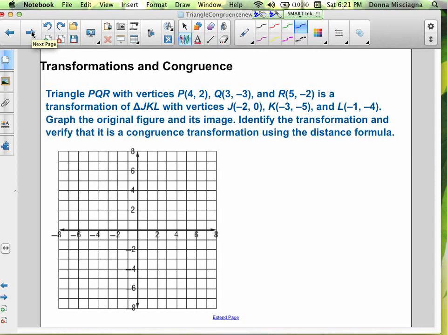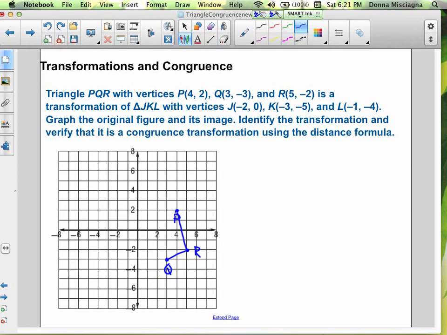We have P at (4, 2). And Q is at (3, -3). And R is at (5, -2). All right, and so there is our triangle.